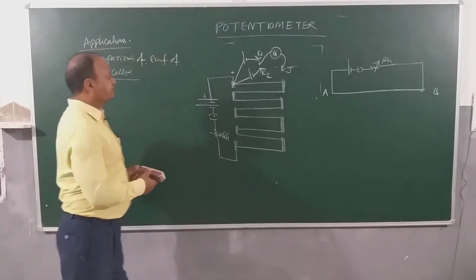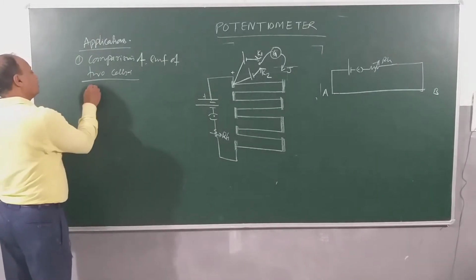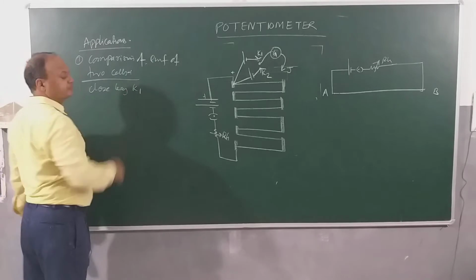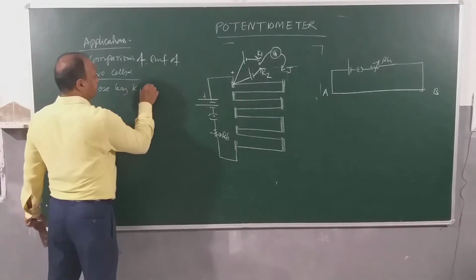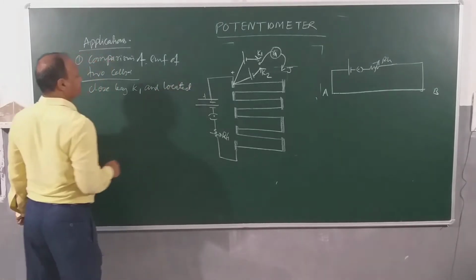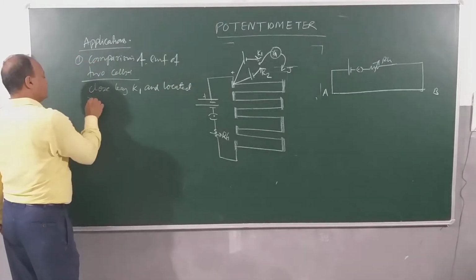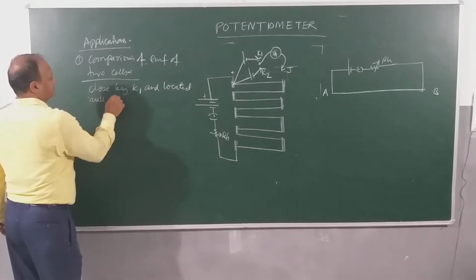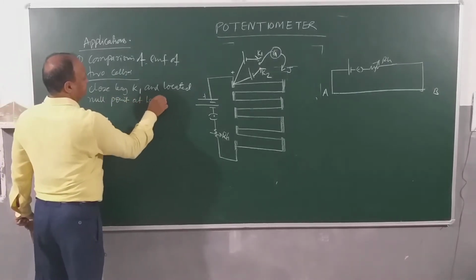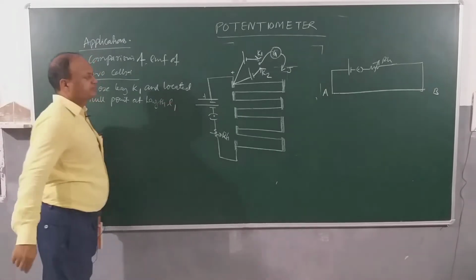What we'll do is, close key K1 and locate null point at length L1.